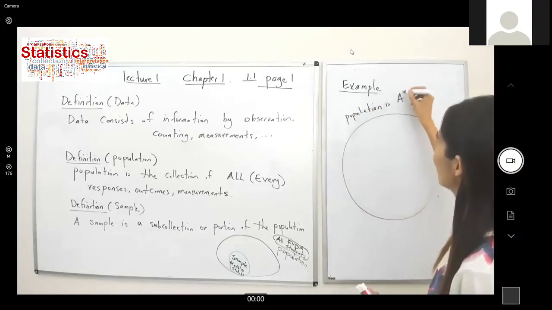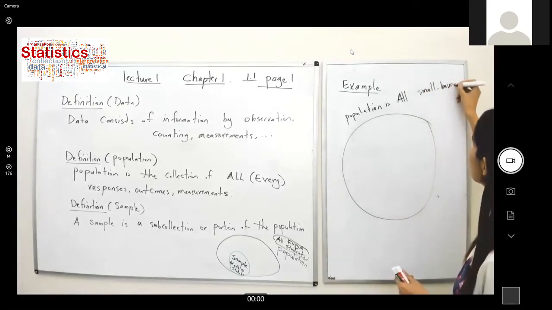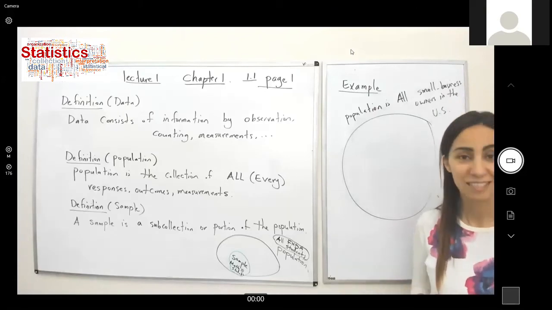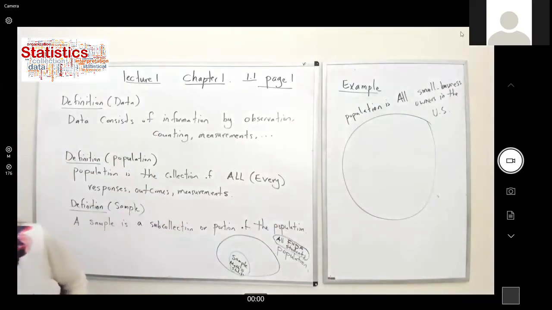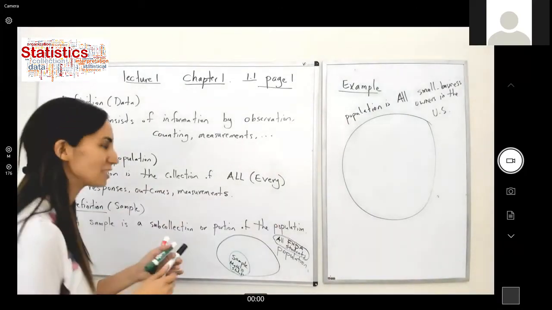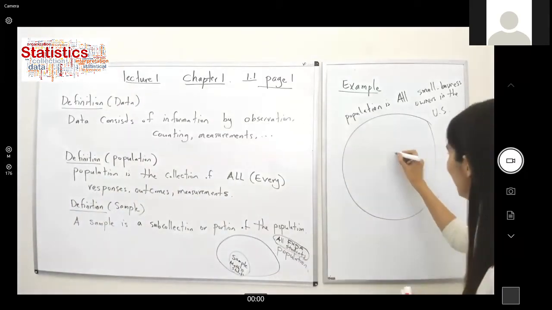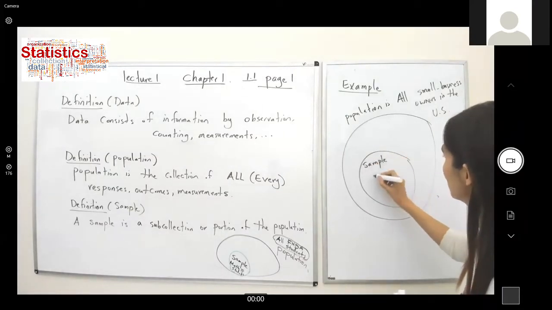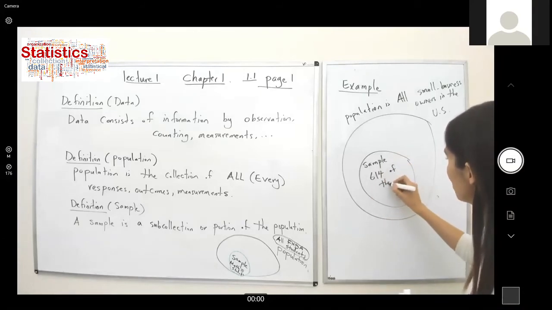What is the sample? The sample is 614 small business owners that were surveyed. This is your sample. 614 of them.